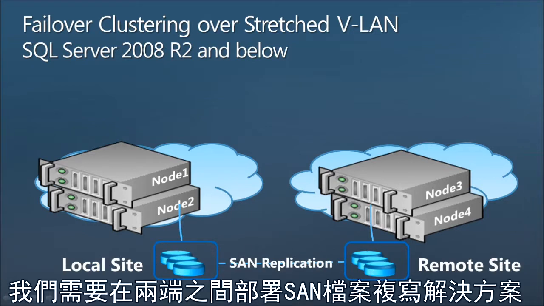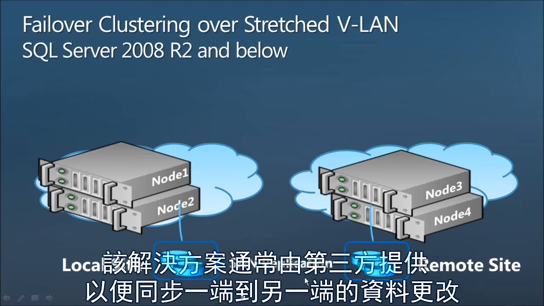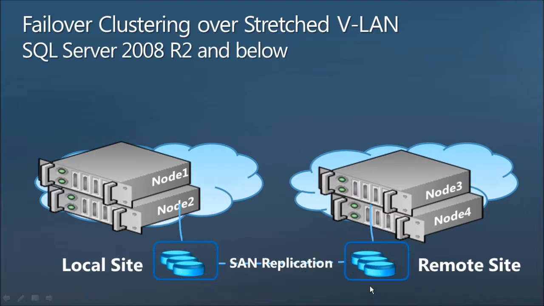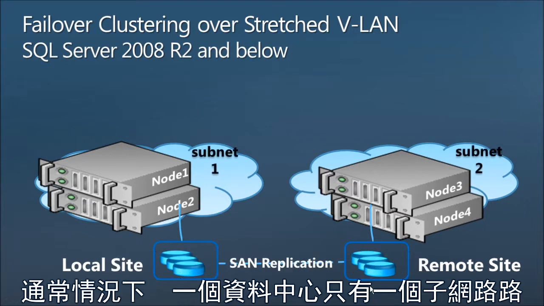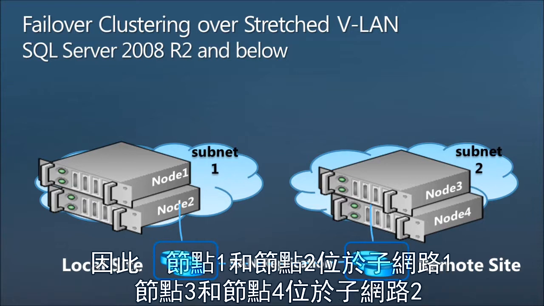Between those 2 sites, you need to have a SAN replication solution, which is usually provided by a third party, to synchronize the data changes from one side to another side. And usually, one data center has one subnet. So Node 1 and Node 2 are on subnet 1, and Node 3 and Node 4 are on subnet 2.